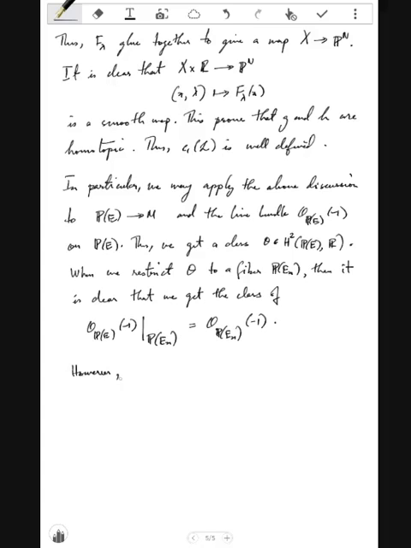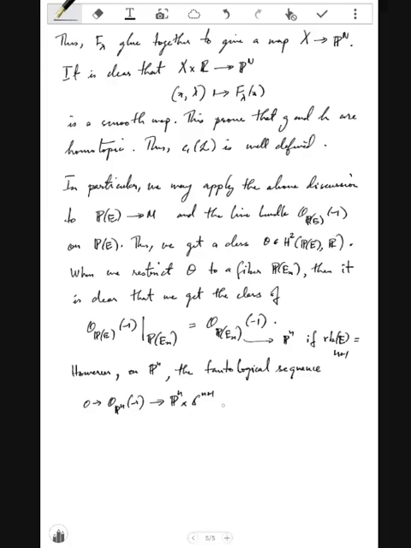However, on P^n, the tautological sequence, so this is O_P^n, this P^n if rank of E is n plus 1, gives rise to the identity map from P^n to P^n.